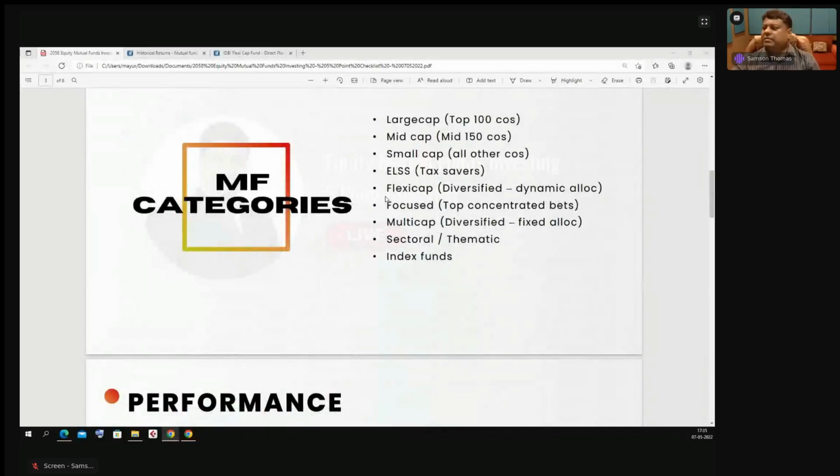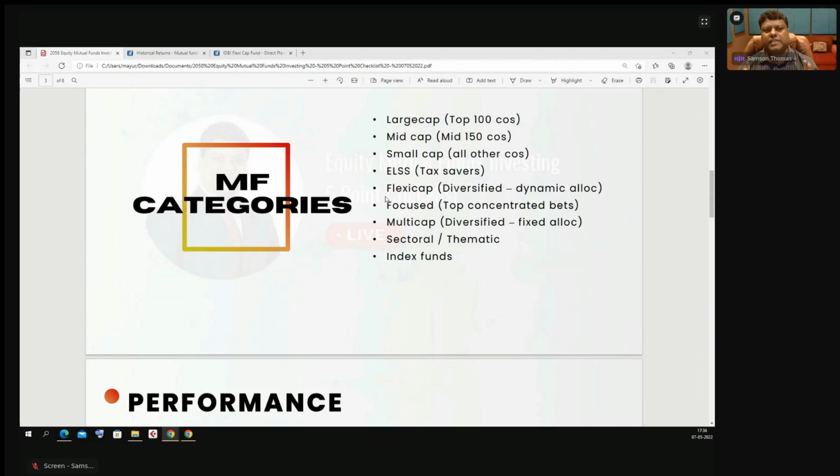So basically the MF categories, like we were saying, ELSS and contra funds, there are various types of funds. This is the terminology, if you're not aware, a quick discussion on that. When you see a fund called large cap or blue chip, these are the terminologies used for large cap.